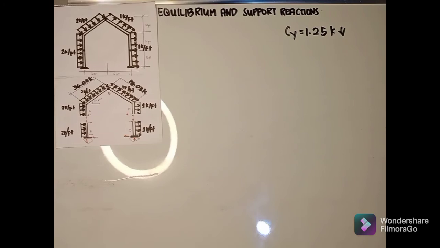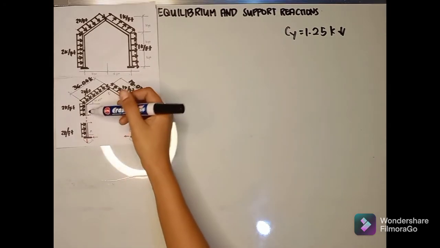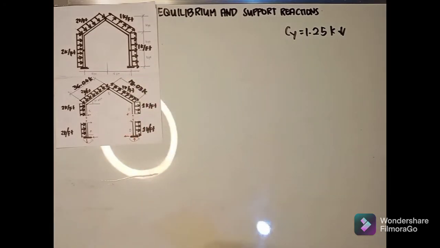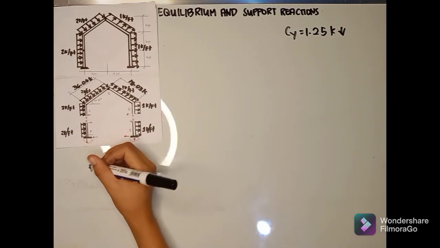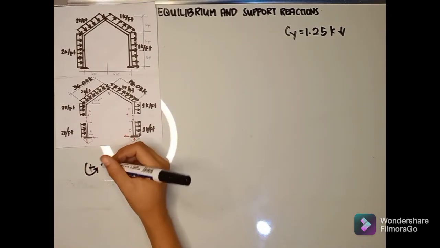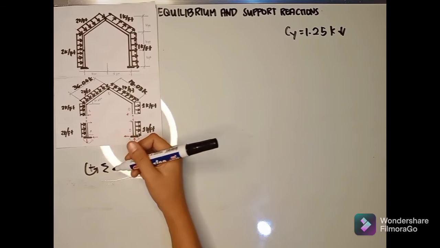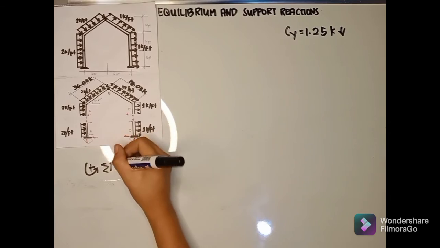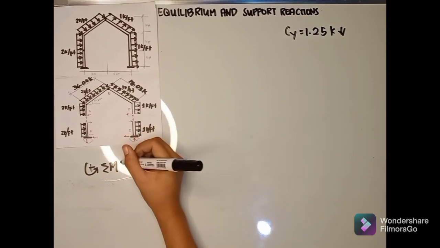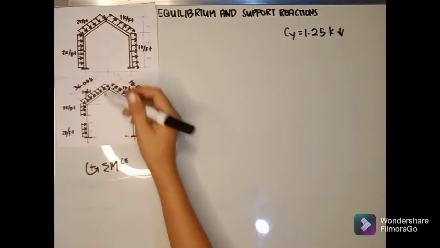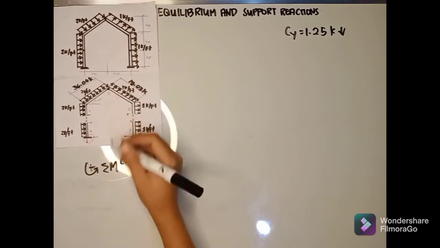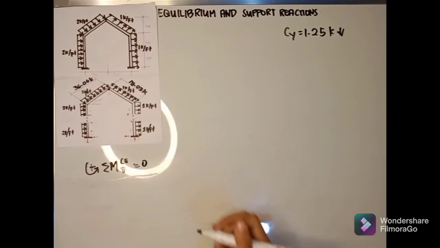Now, solving for Cx using this segment still. Summation of moment at point E of segment CE is equal to 0.